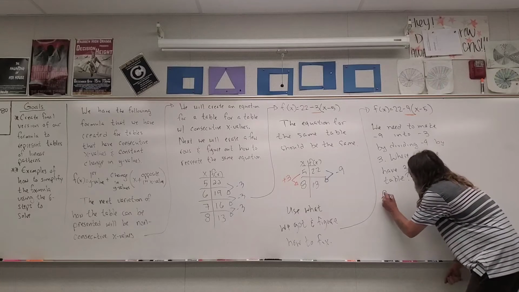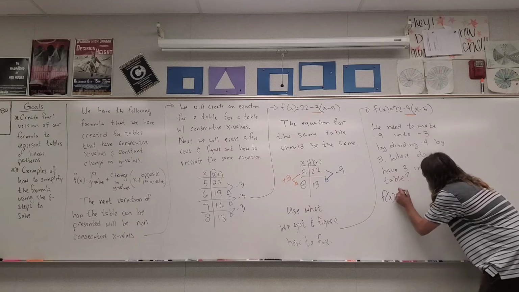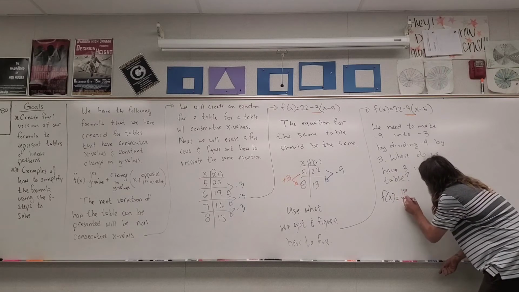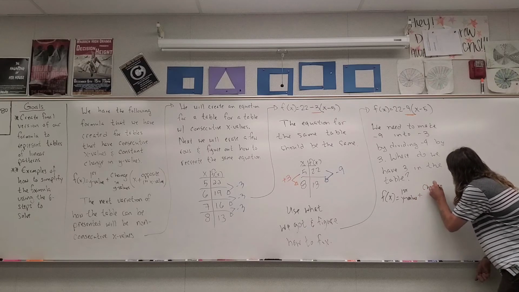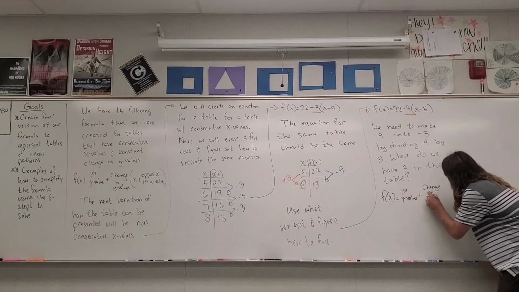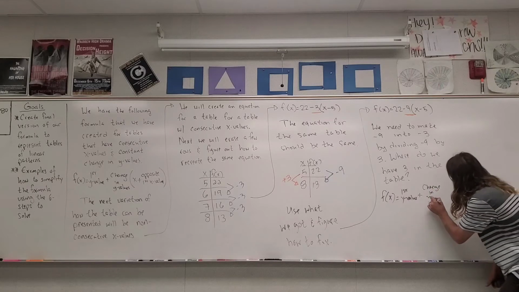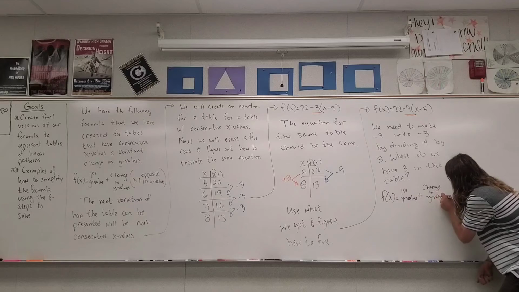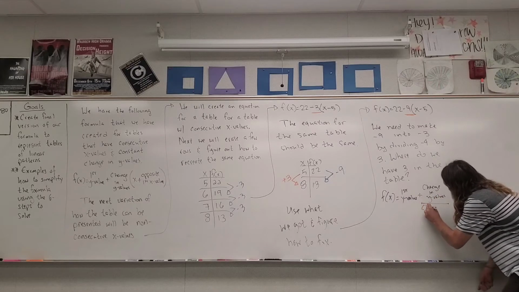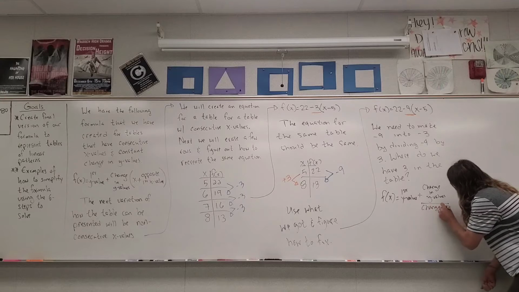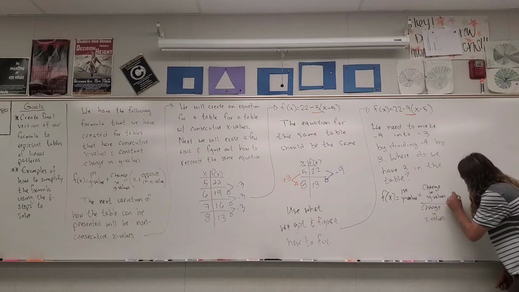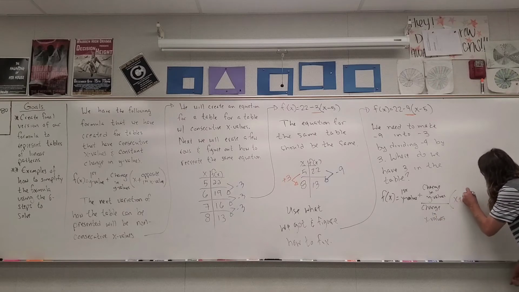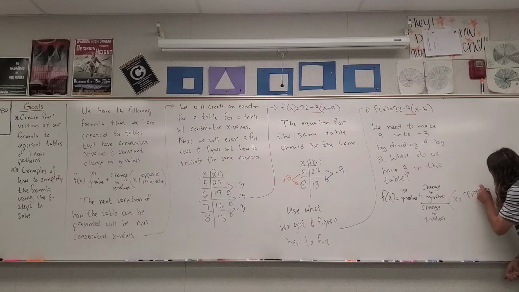So it's f of x equals the first y value, I hope I finish before the guy gets close, plus the change in y values divided by now the change in x values, parentheses x plus the opposite of the first x value.